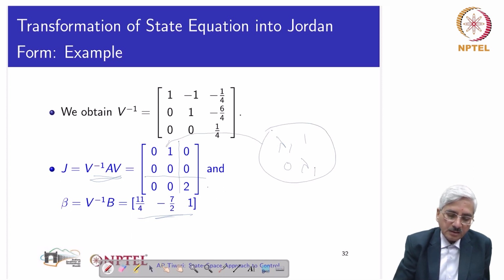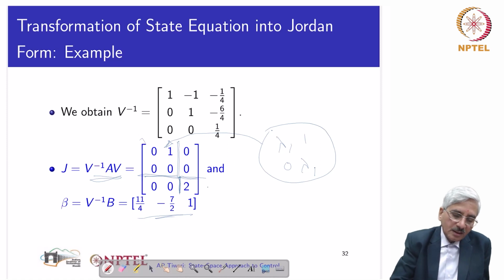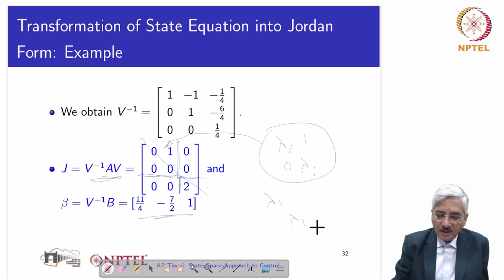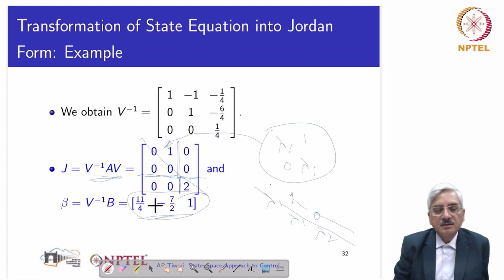This is appearing here, a 2 by 2 matrix here, and the other one which was not repeated occurs only once here, on 2. So along the diagonal we have lambda 1, lambda 1 and lambda 2, and on the super diagonal here we have 1, and of course this was not repeated, so we have 0. This is what we get. So this is the Jordan form matrix, and corresponding B of course is coming like this.